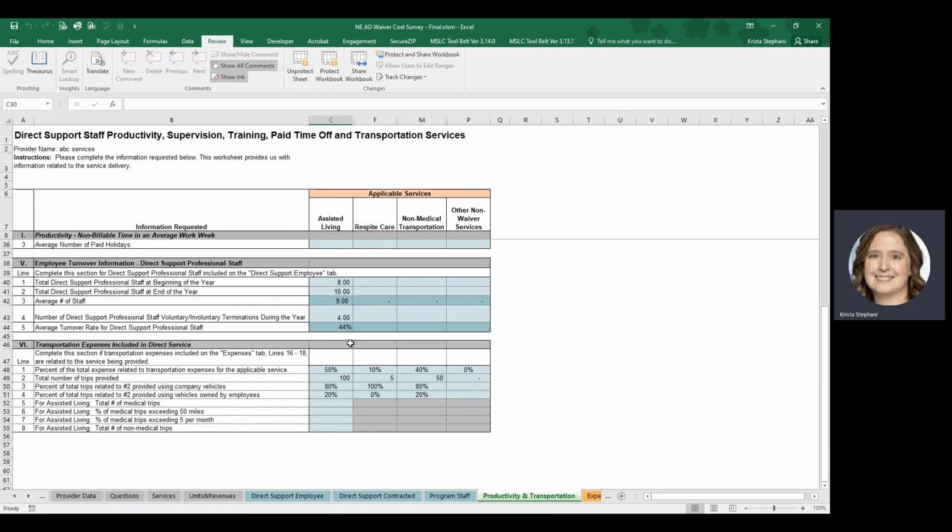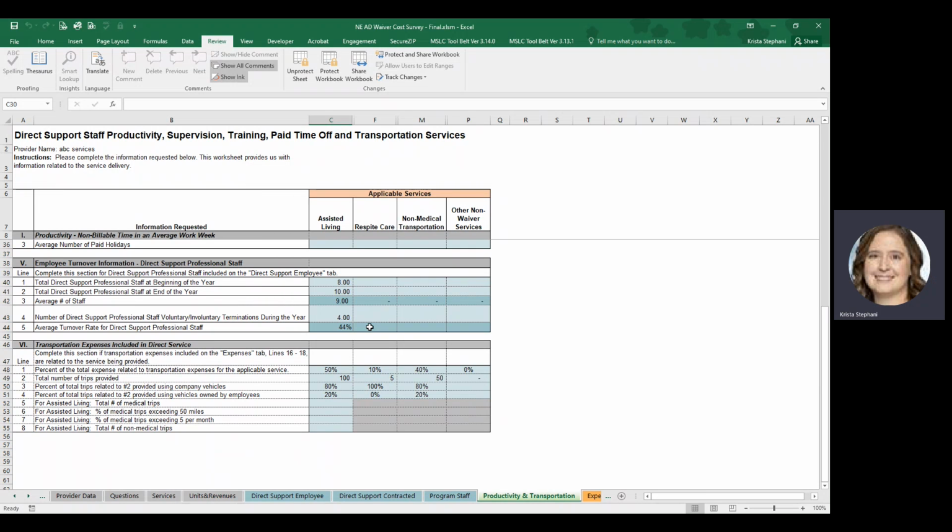The next section, we'd like to collect information on the direct support professional employee turnover. We realize, especially in today's economy, it's hard to attract workers, let alone retain them. So we want to get an idea of how much turnover is happening within the industry.